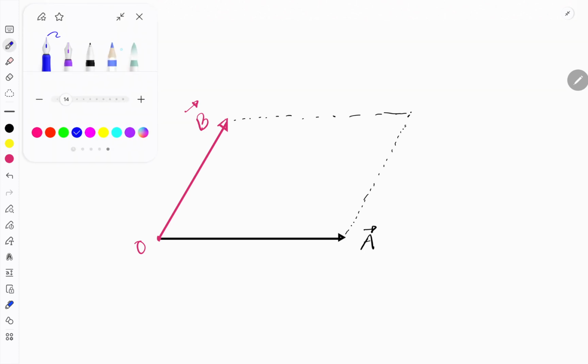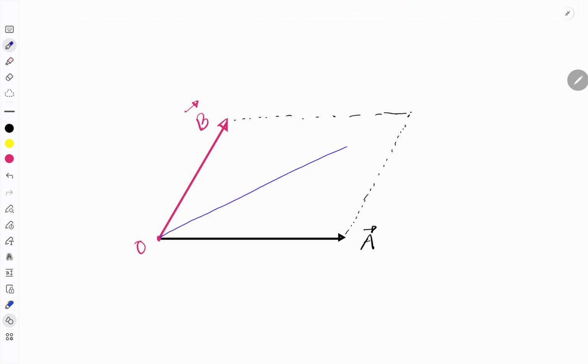Then I draw the resultant, which is along the diagonal. This resultant, let's call it R. What the parallelogram law really says is that vector R is equal to vector A plus vector B.